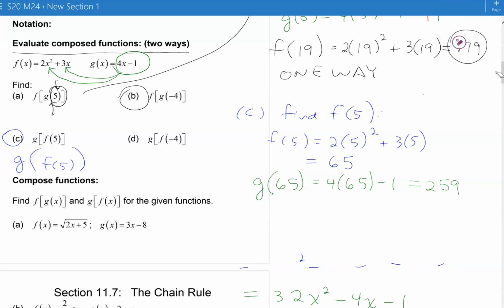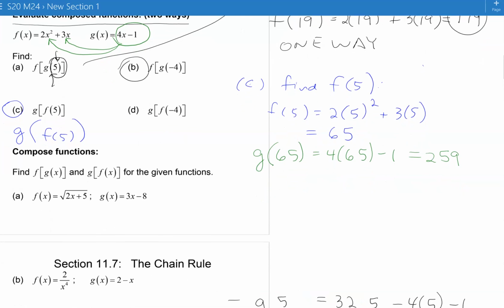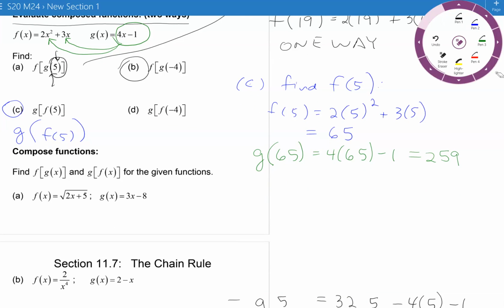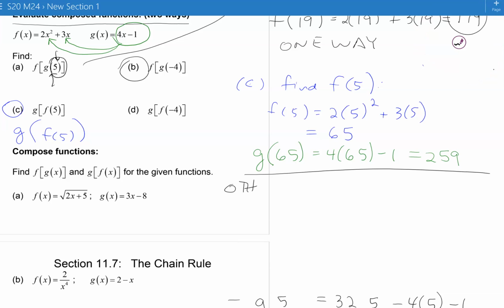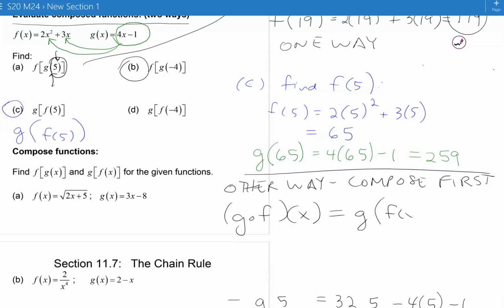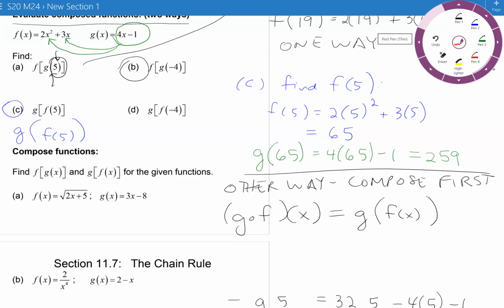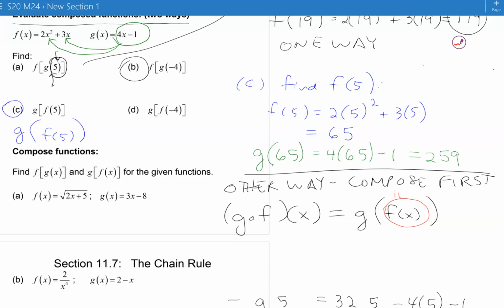So now let's look at the other way and see what happens if we compose the two functions first, and notice that the order is different than the previous examples. So the other way is to compose first. So we want to find g of f of x, which I like to write this way, g of f of x, because to me then it's obvious that the f of x goes inside the g.